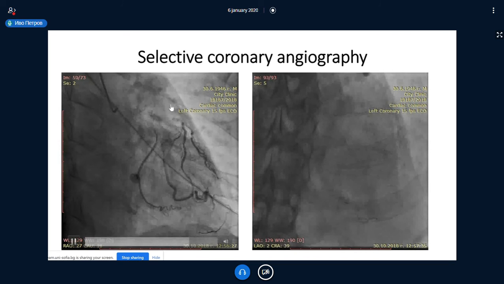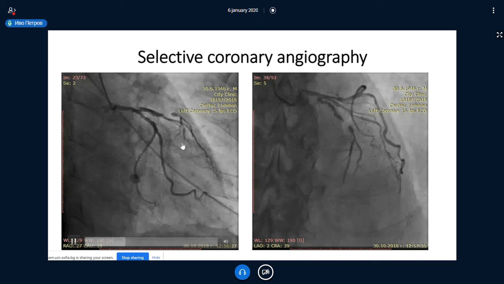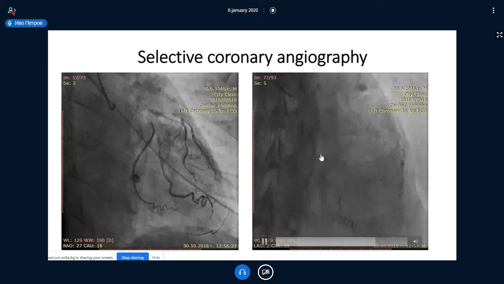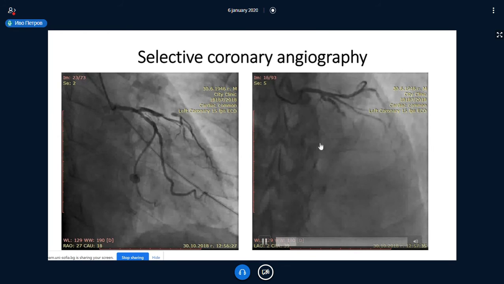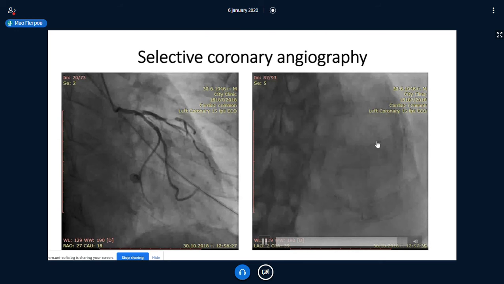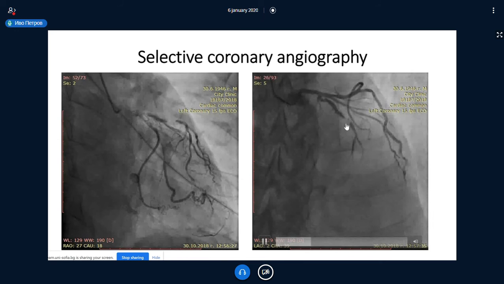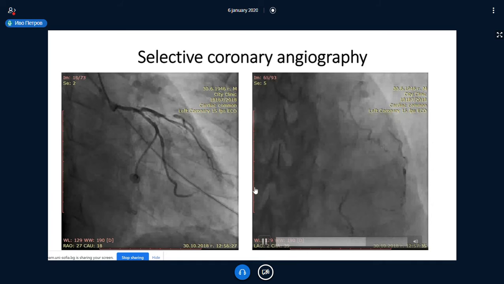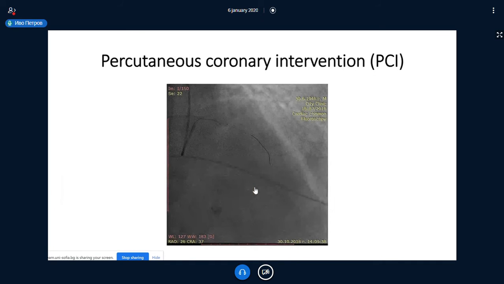This is the right caudal projection, and this is the anteroposterior cranial projection, showing again this critical stenosis of the LAD, left anterior descending. In this situation, we have chosen, and the patient has chosen. Of course, in many cases we propose some kind of treatment, but some patients cancel.